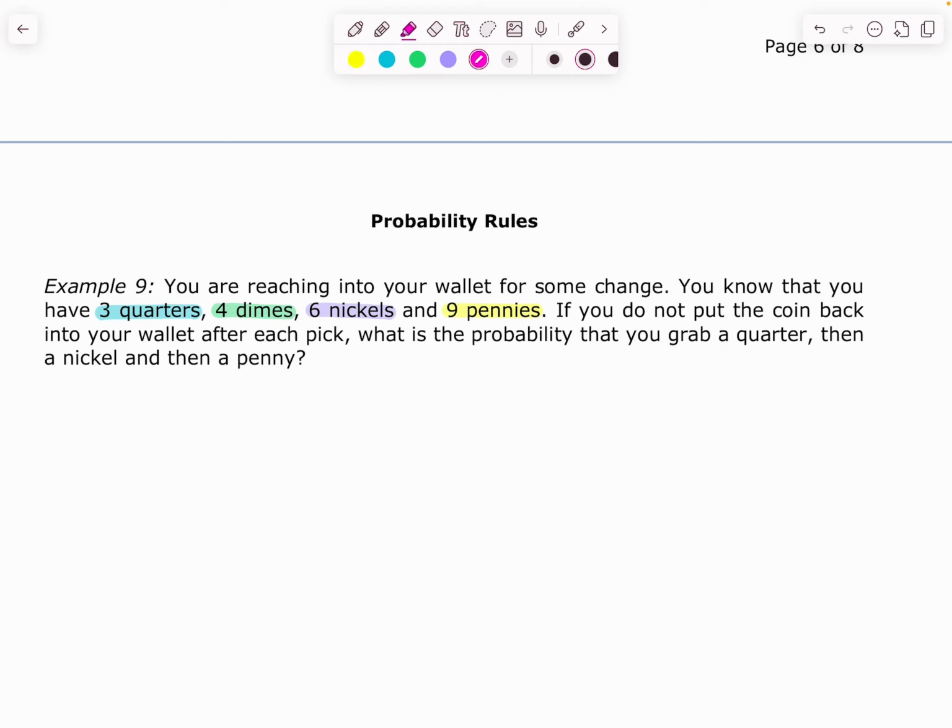So this is the big key to this problem. If you do not put the coin back, this means you are doing something called sampling without replacement.